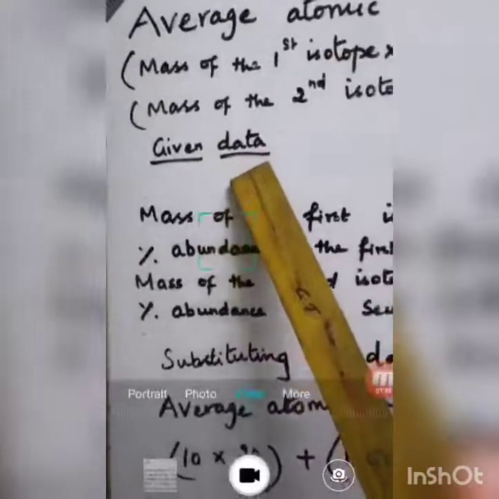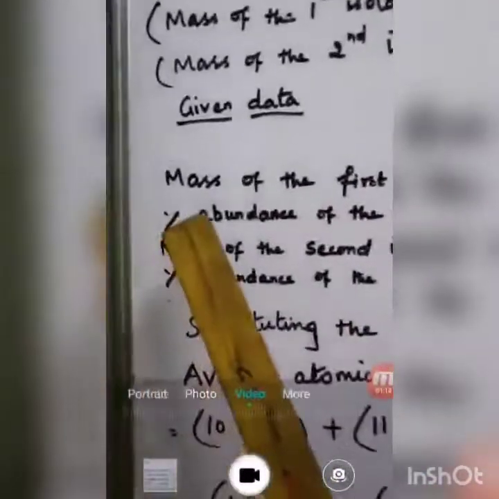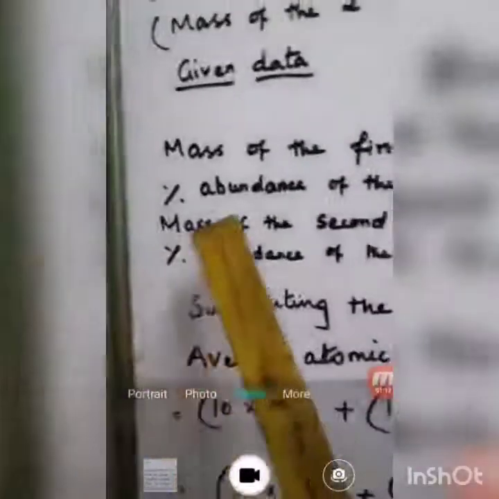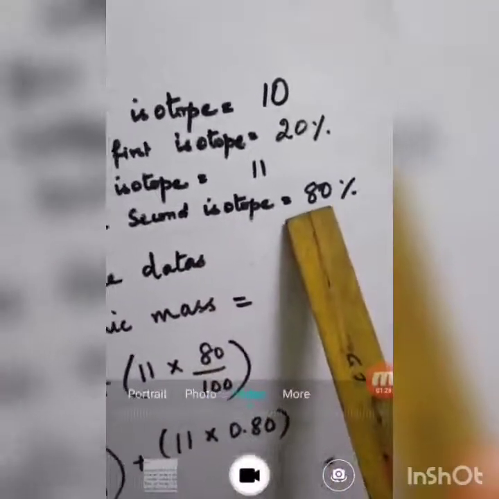Only two data. So given data from the problem we are going to write: mass of the first isotope is 10, percentage abundance of the first isotope is 20%, mass of the second isotope is 11 and the percentage abundance of the second isotope is 80%.